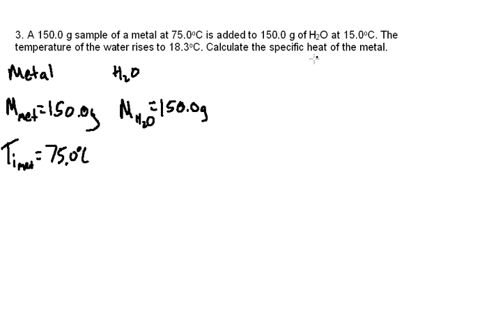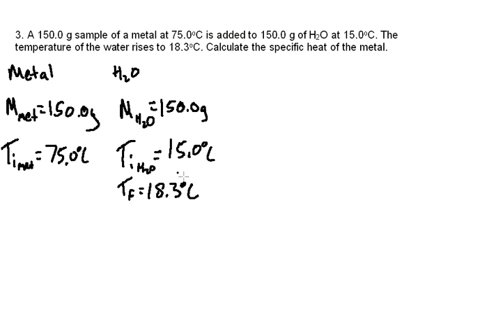If we look at our water, our initial temperature of our water, our Ti for our H2O, is going to be 15 degrees Celsius. And then this water's temperature is going to rise to a final temperature of 18.3 degrees Celsius.